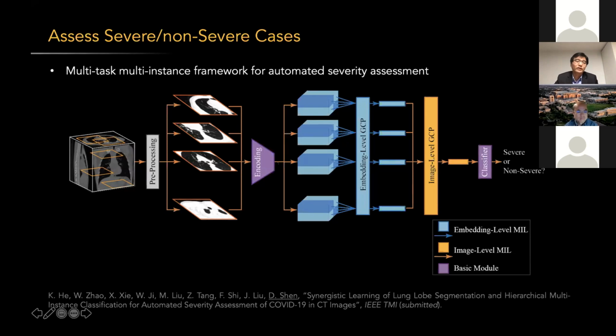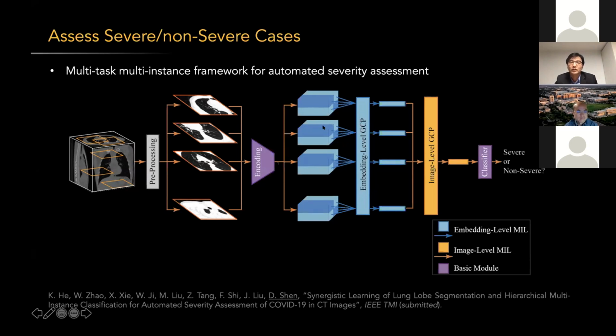So in this way, we develop a second deep learning algorithm based on the patches for each slice. For example, a patch from this slice we put here, a patch from this slice we put here. So you have all these patches, and we do the encoding, and each of them has its own feature. Then we do the embedding-level global contrast pooling.